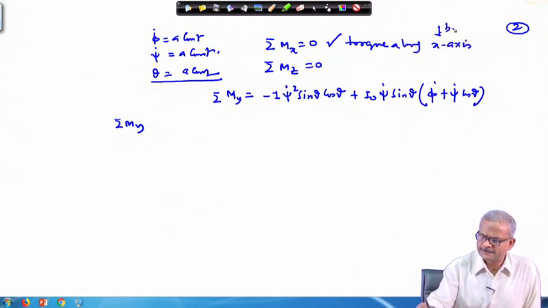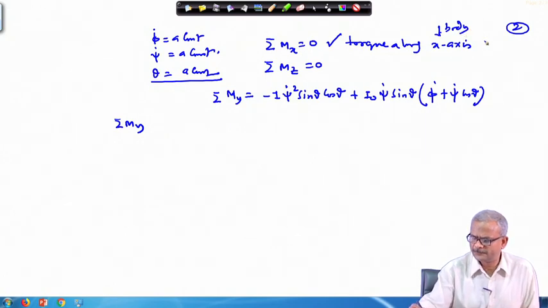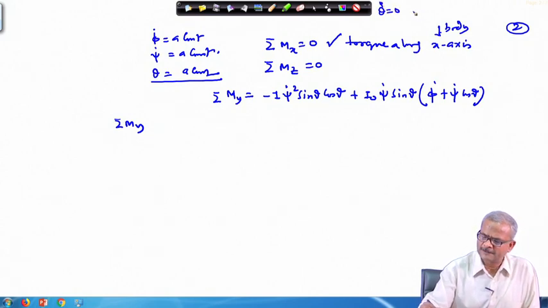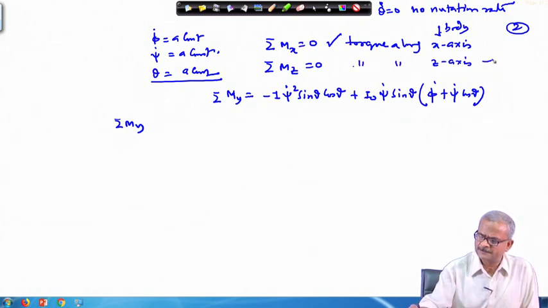Remember, this is the body axis which is nutating and precessing, the x axis. So, in this case, because theta dot equal to 0, theta is a constant, so no nutation rate, but nutation angle is present. And this is torque along the z axis, all these are the body axes.